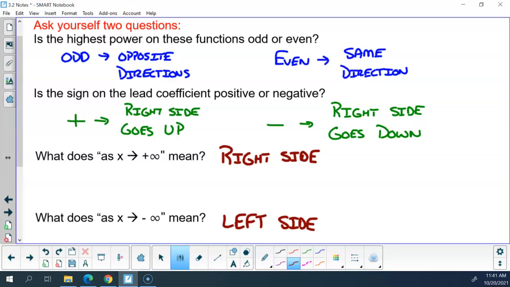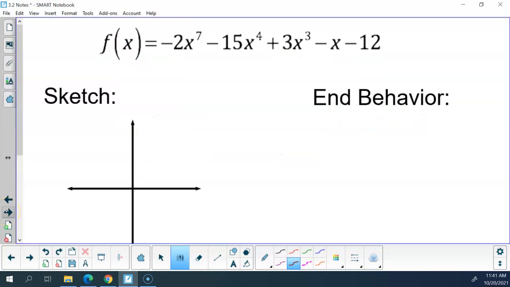All right. So what I would like you to do now is, one, sketch this graph, and two, tell me what the end behavior of this function is. So sketch, literally just a sketch.